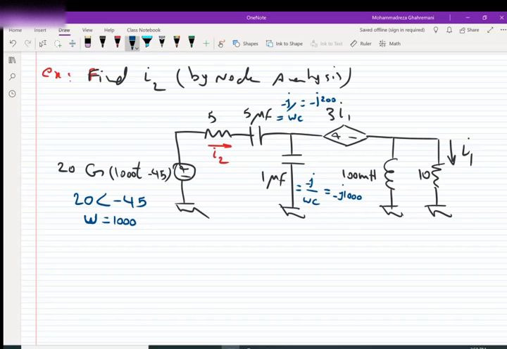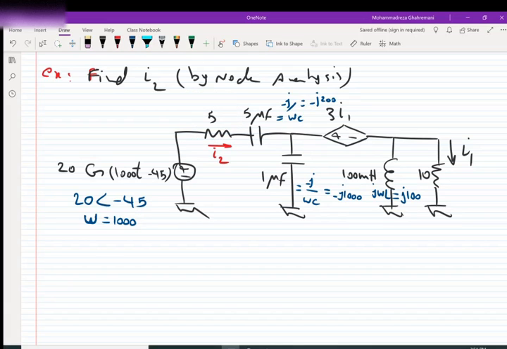The inductor has a value of j omega L, which is equal to j100. And for the resistors, the impedance is the same as the resistance.